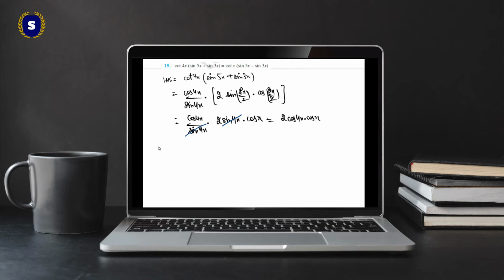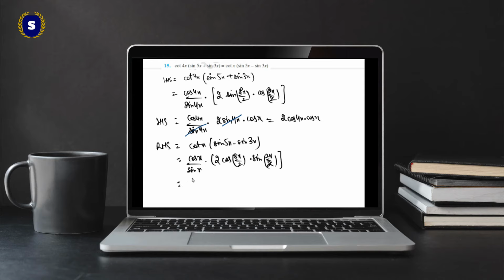Okay, we'll separately solve the RHS, okay, and try to get it equal to the LHS. So this is given as cot x. In the bracket we have sin 5x minus sin 3x. So elaborating them, using the identity here of sin A minus sin B, we'll get 2 cos A plus B divided by 2, that is 8x divided by 2, into sin A minus B divided by 2, that is 2x divided by 2.